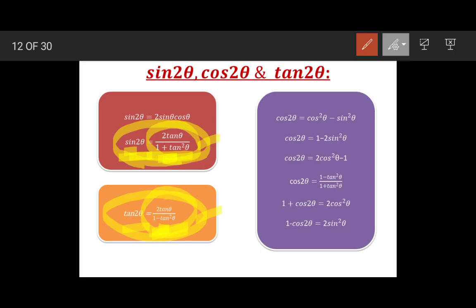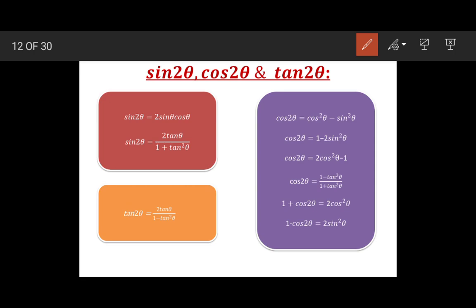So just remember the derivation of sin 2 theta. When we are deriving sin 2 theta is equal to 2 tan theta upon 1 plus tan square theta, in that case we had taken the denominator as 1, and we had written that 1 as sin square theta plus cos square theta. So always plus will come here.